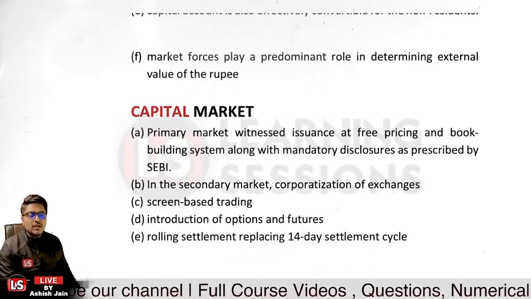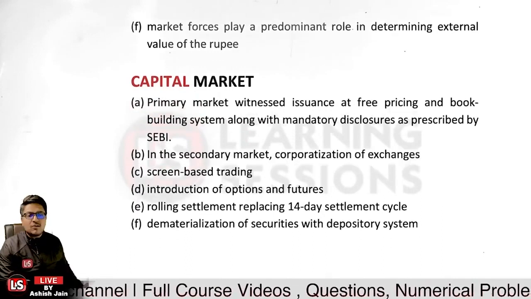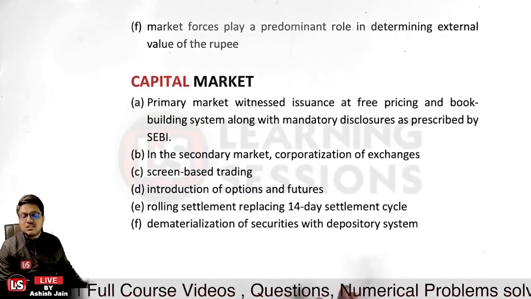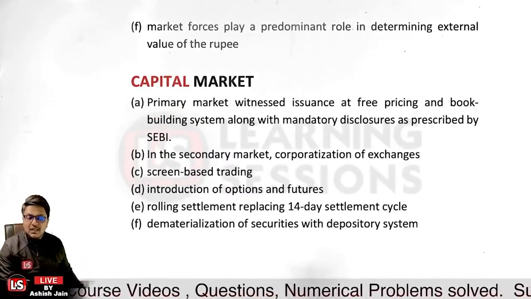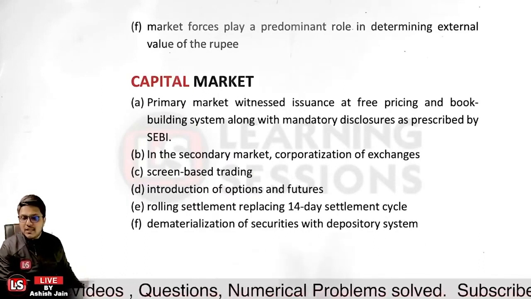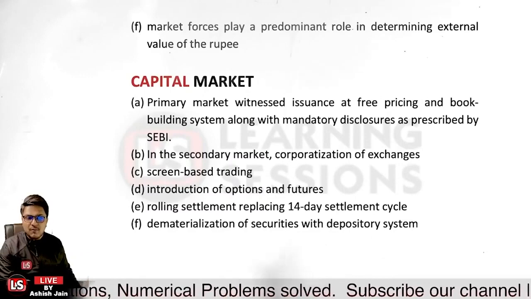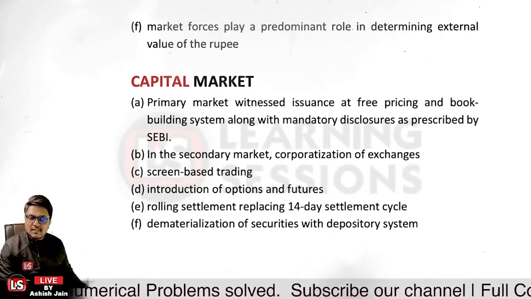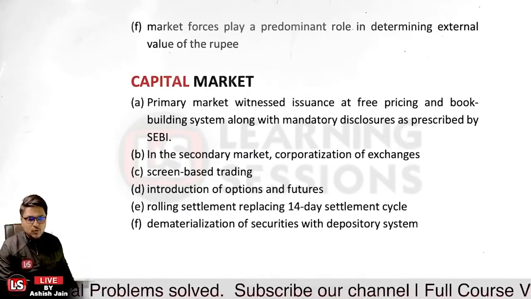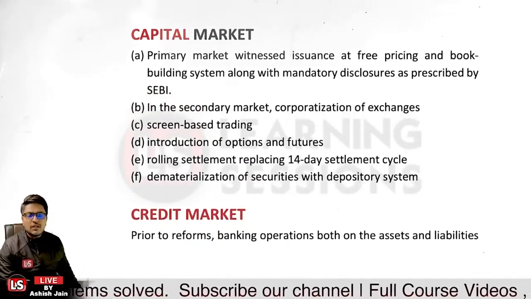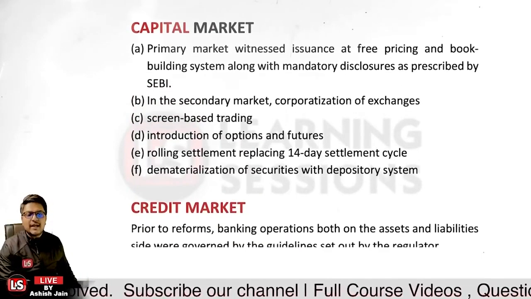And further, dematerialization of securities with the depository system: you need not maintain securities in physical form. You can maintain them in paperless, dematerialized format with a depository like CDSL, etc.